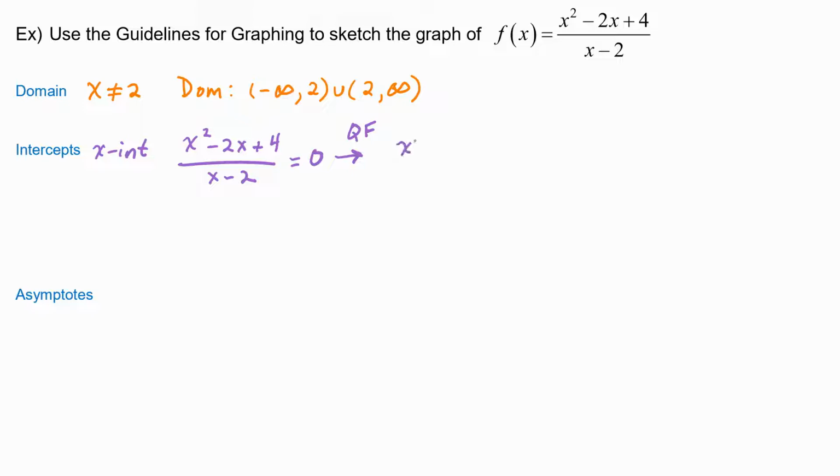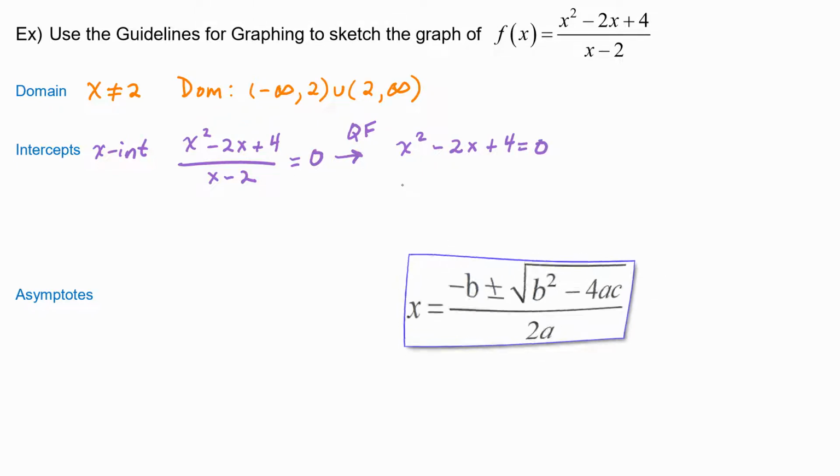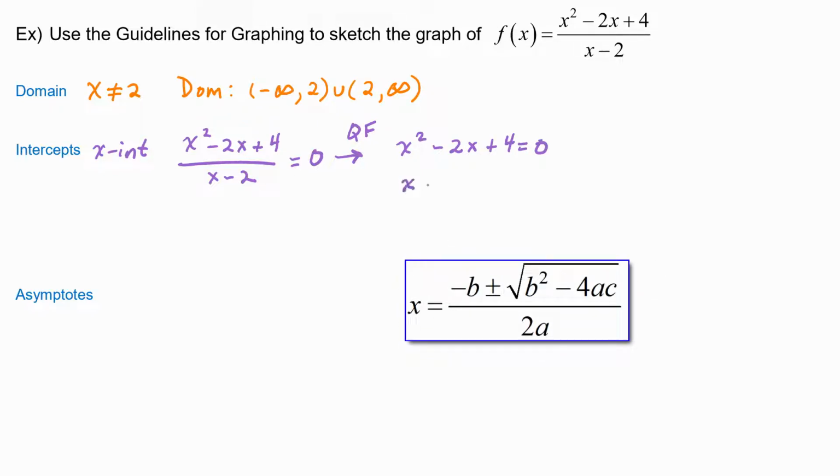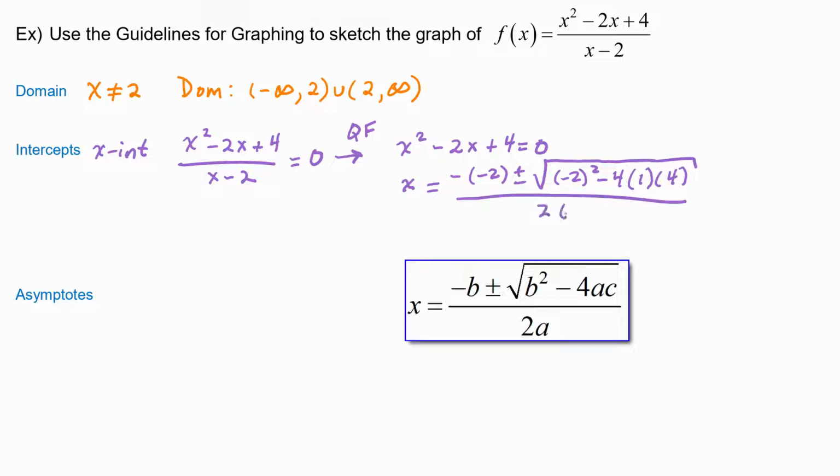So for x squared minus 2x plus 4 equaling 0, we get that x is equal to negative of negative 2 plus or minus the square root of negative 2 squared minus 4 times a times c over 2 times a, which is 1.